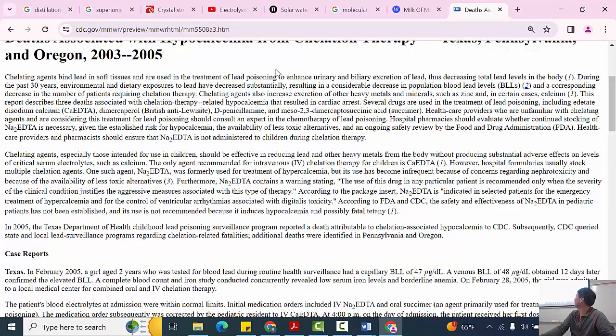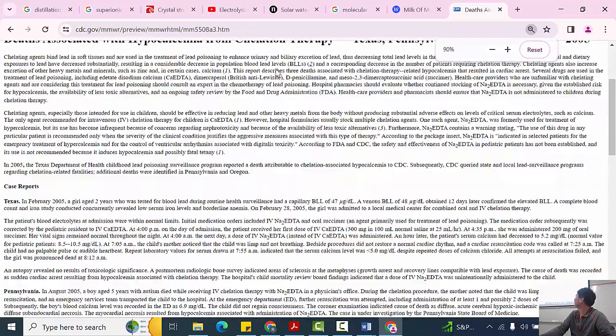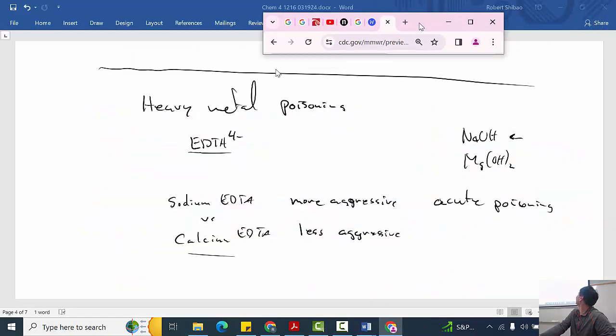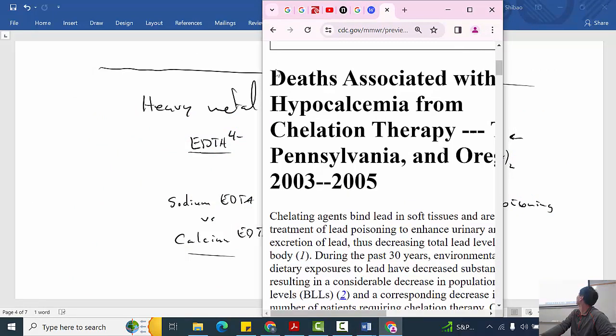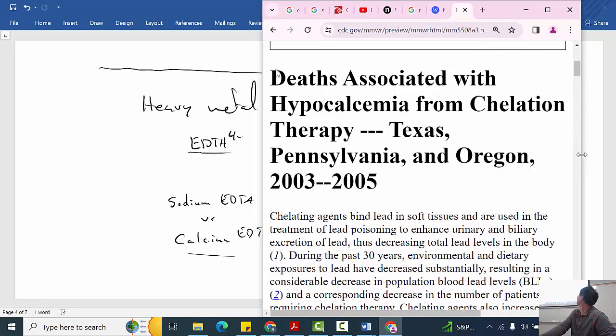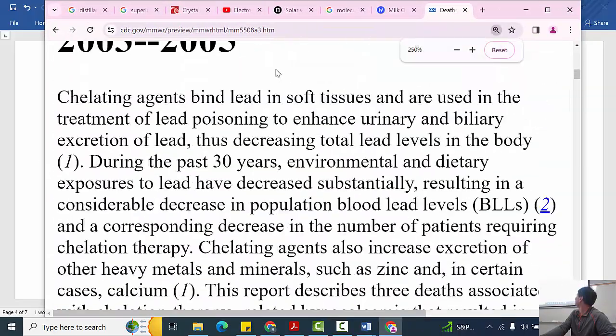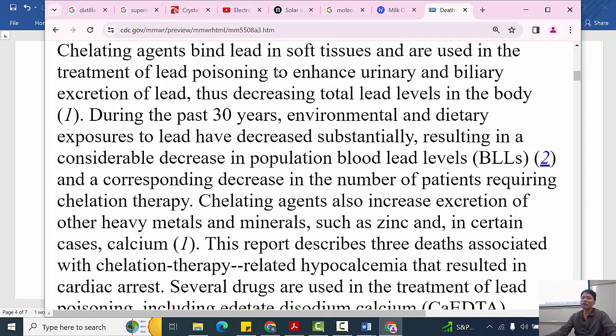This is called chelation therapy. Let's see if I can get this to fit in here. These are called chelating agents. Chelating agents bind lead in soft tissues and are used in treatment of lead poisoning.